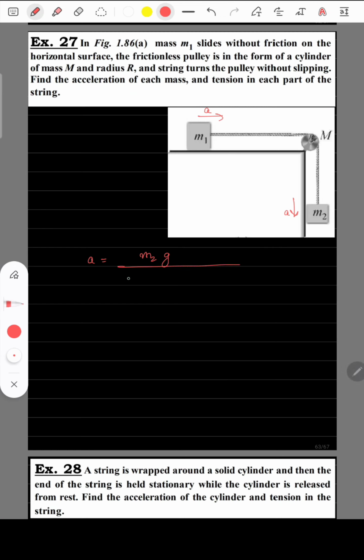Translational mass will be of m1 and m2, and the rotational mass will be contributed by the pulley, that we can write as I upon r square. Since the pulley behaves like a solid cylinder, the moment of inertia of the pulley can be written as half m r square. So we can use the data and find out the acceleration.